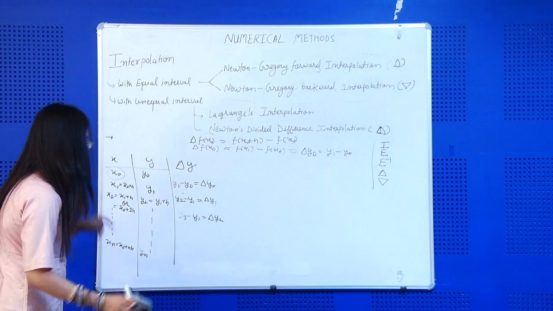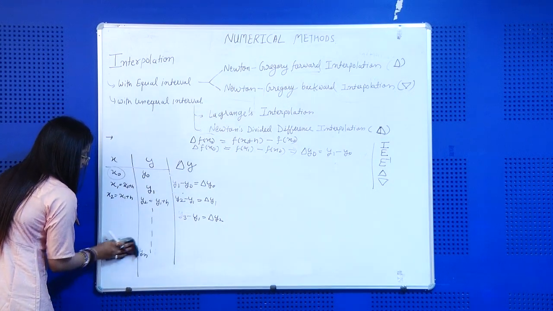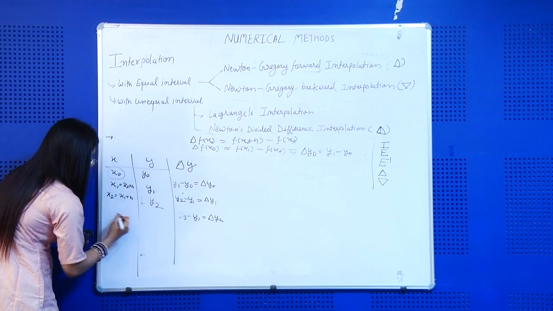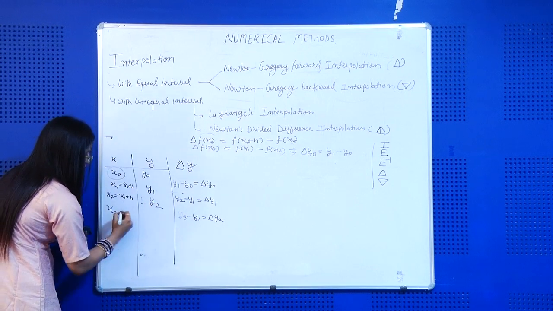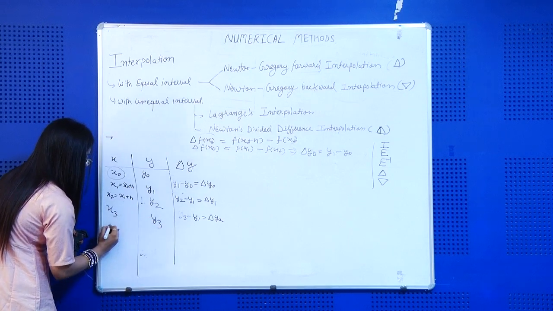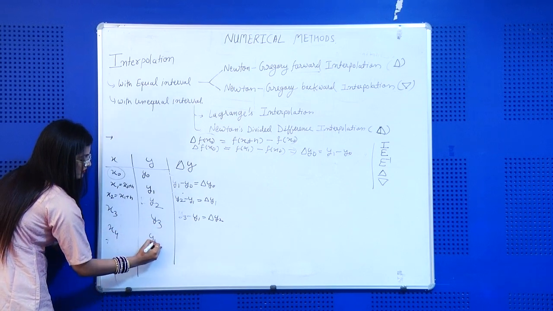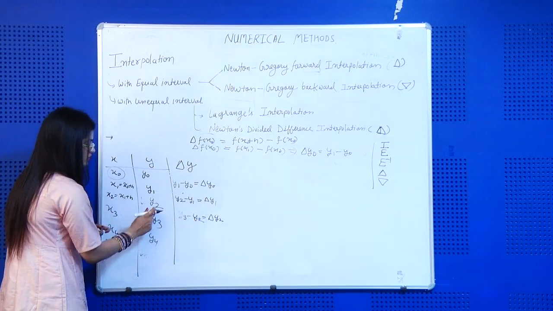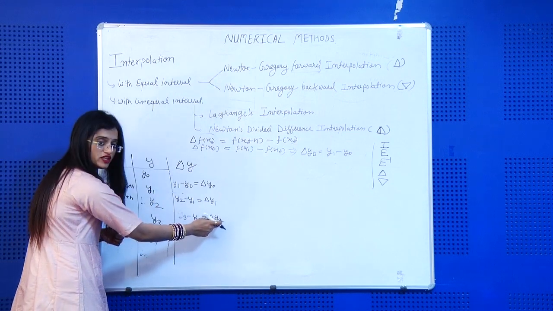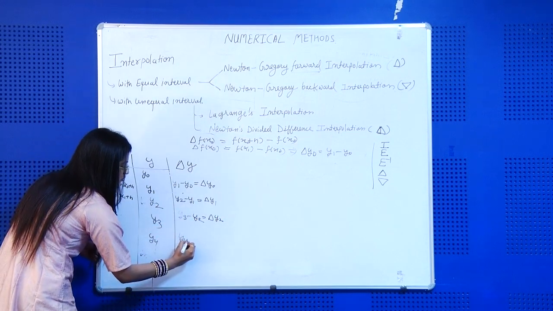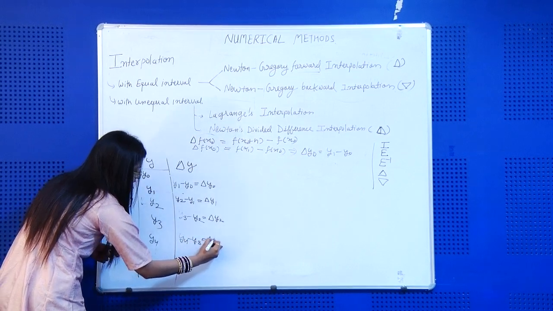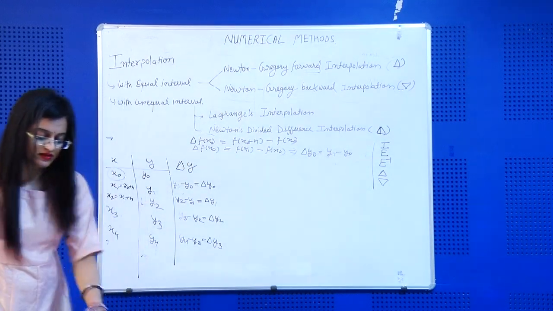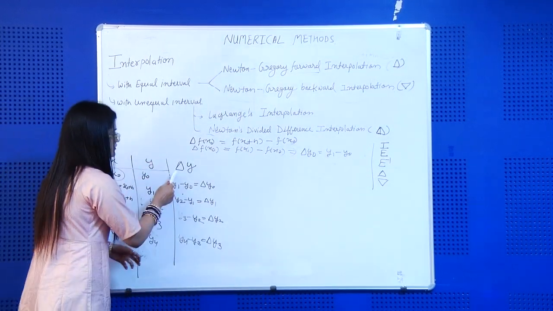If I am taking finite values of x and y, then my table looks like this: here I have x3 with the corresponding value y3, here I have x4 with the corresponding value y4, right? y3 minus y2 always gives delta of y2, and y4 minus y3 always gives delta of y3. So these are the column values of delta of y.